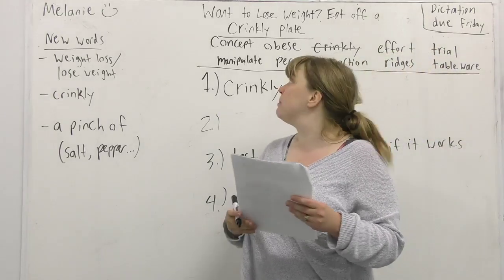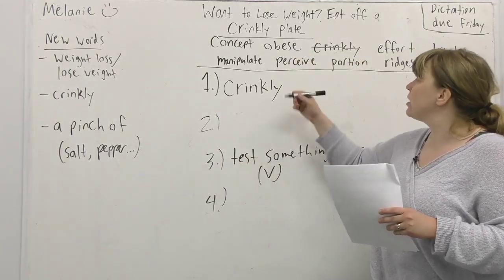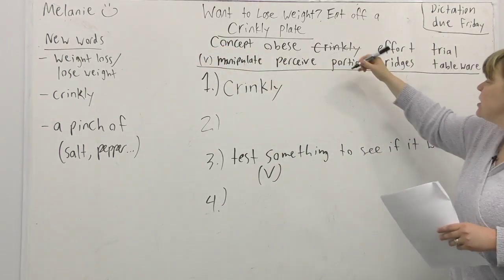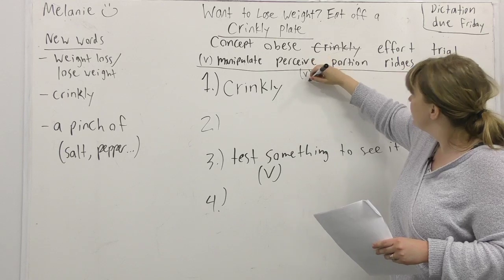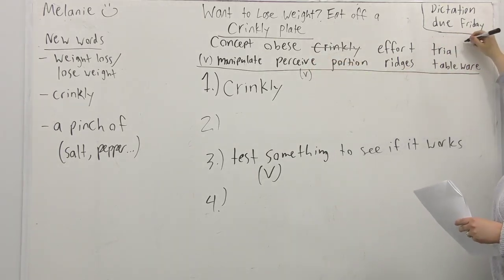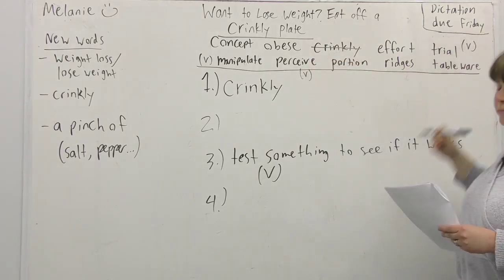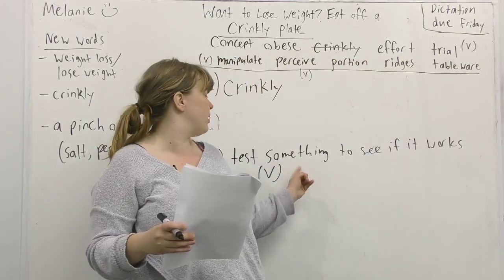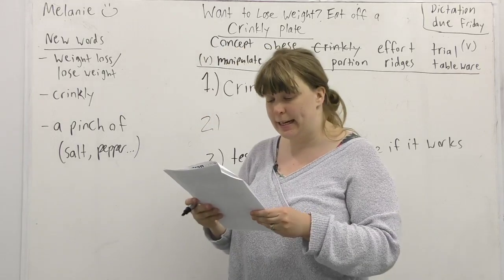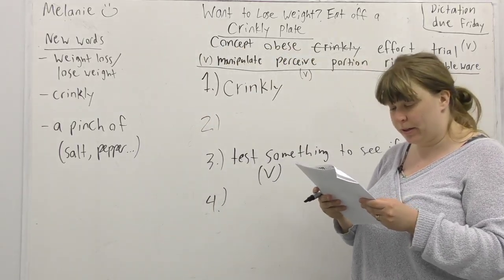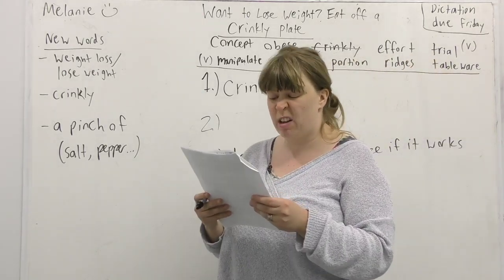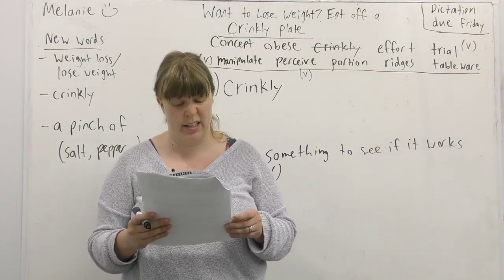So number 3 is going to be a verb. So let's see, manipulate is a verb. Perceive is a verb. And trial is a verb. All right, so type in your answers for number 3, please. And number 4, an attempt to do something that is difficult or involves hard work.